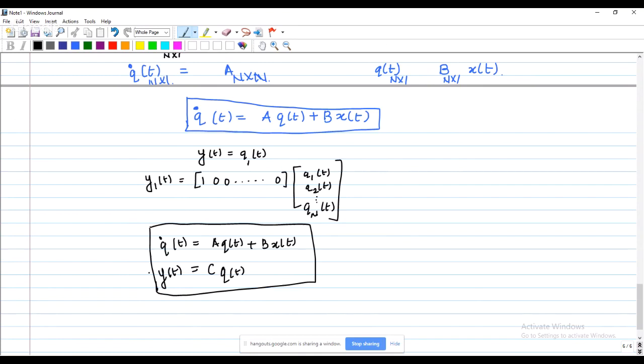So q dot of t is A times q of t plus B x of t, and next is y of t is equal to C q of t. This matrix is my C matrix. Read both the equations.